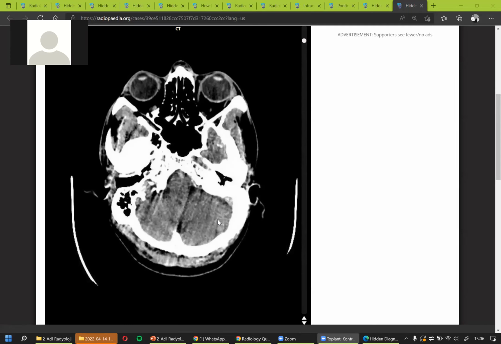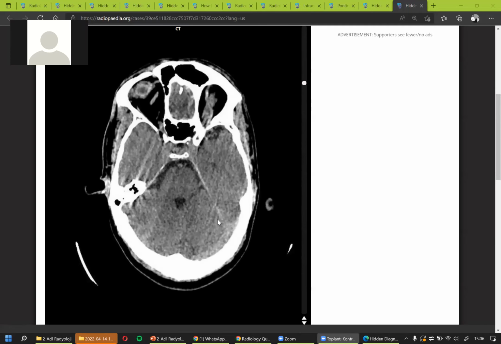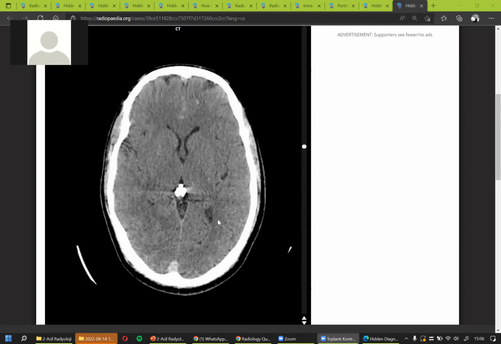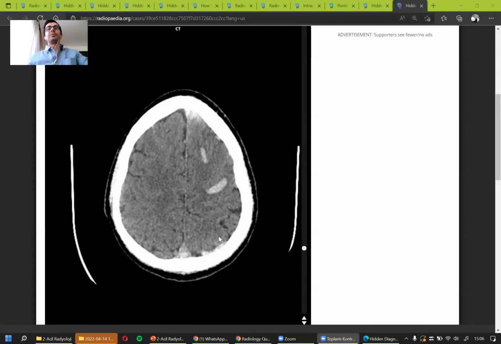So, doctor, how do you know if it is bleeding or infarctions? We will come to that because I'm knowing these are bleeding because first of all they are bright, so they are more dense than the brain parenchyma.